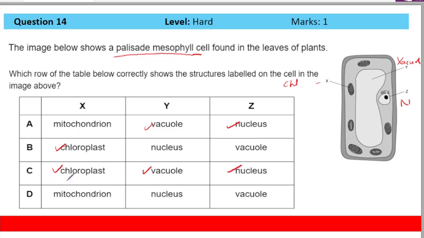We can see these three are matching in option C. C is the correct option over here.